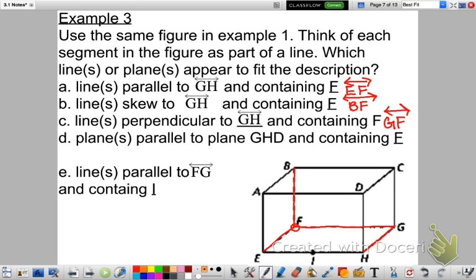If I was looking at plane GHD, and I wanted to find a plane parallel to it and containing point F, that plane would be plane ABF.